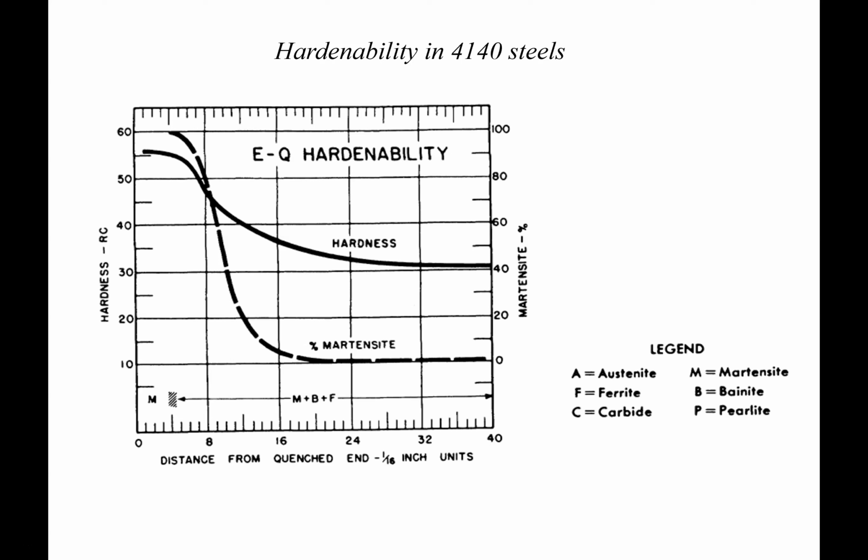And so if we look here at 4140 steel, which promotes relatively significant hardening, we see a direct correlation between the increase in hardness in the material and the percentage of martensite that is being formed during quenching.